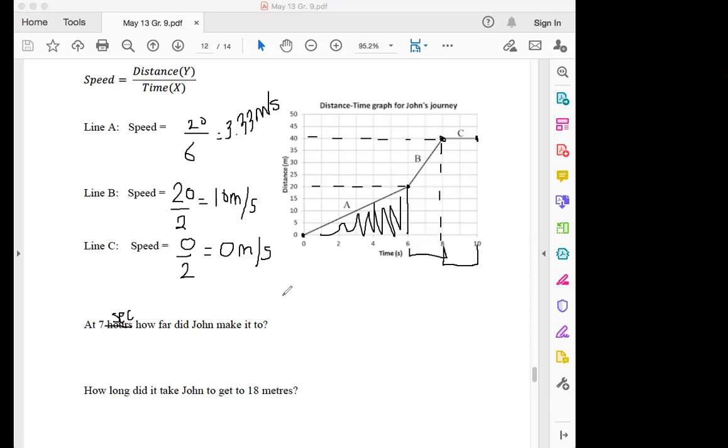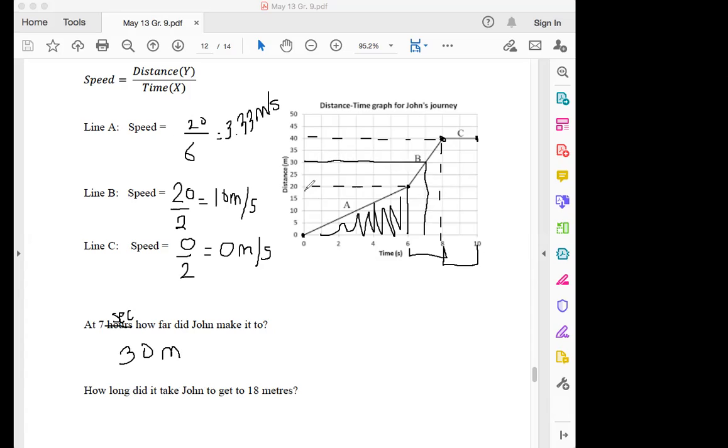At 7 seconds, how far did Johnny make it to? After 7 seconds, we're going to look here, 7 goes up to here, so it would be 30 meters after 7 seconds. And how long did it take John to get to 18 meters?